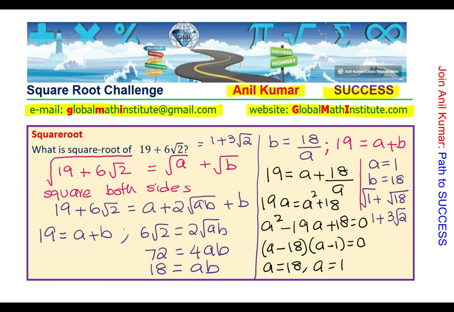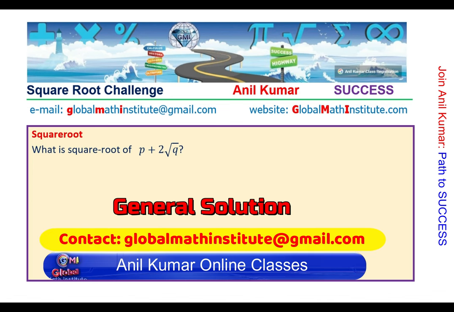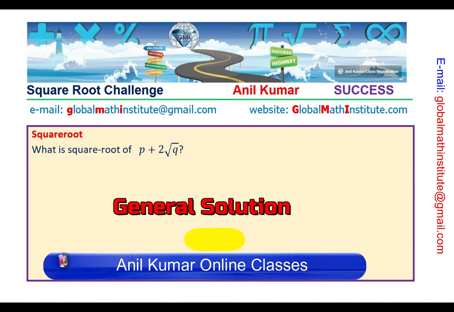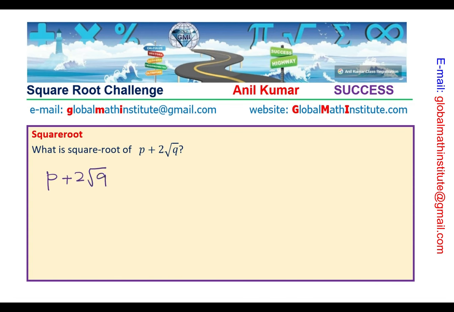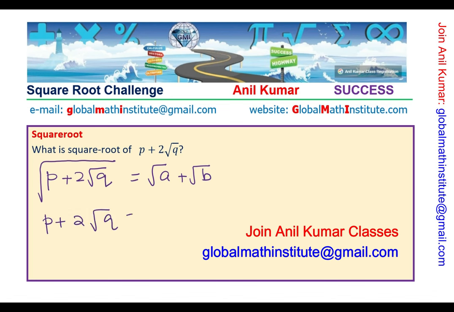Now, applying this strategy, you can also find a general solution for a problem like p plus 2 square root q. So you could write p plus 2 square root q, and the square root of all this as equal to square root of a plus square root of b, right? When you square, you get p plus 2 square root q equals a plus 2 square root of ab plus b.